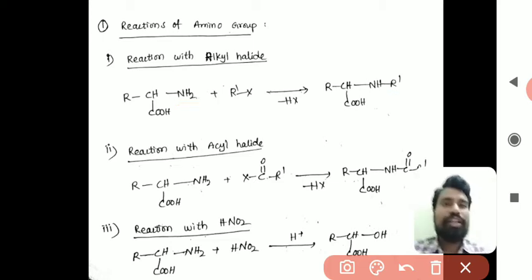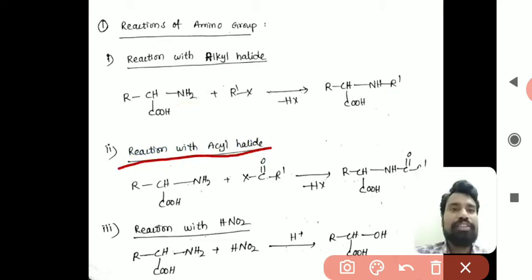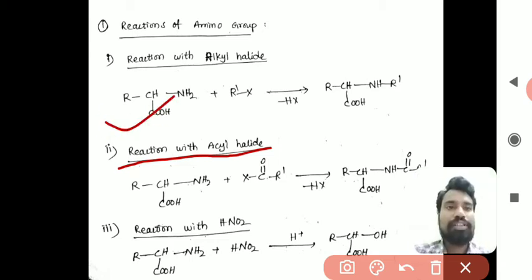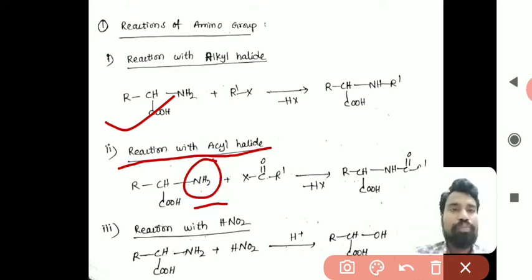Next is reaction with acyl halide. This is also a similar kind of reaction, right? So here is the amino acid with the amino group, and R C double bond O X is the acyl halide, nothing but a halide formed from the carboxylic acid, and again the same reaction will happen.